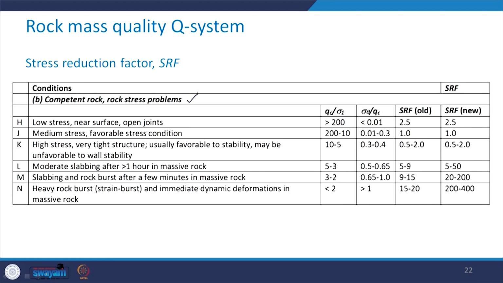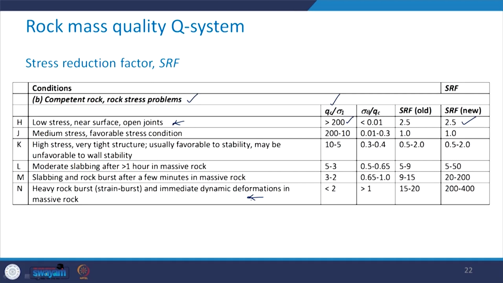When you have low stress near the surface with open joints, then the rating is 2.5, and this ratio QC upon sigma 1 is more than 200 in this case. And when you go further, that is the worst case, you have heavy rock burst or strain burst.